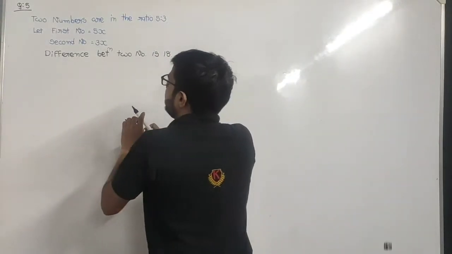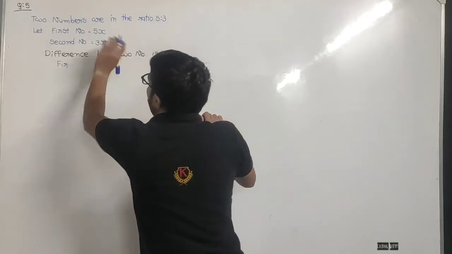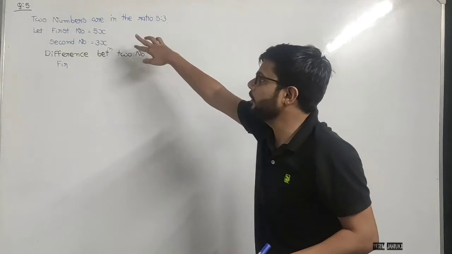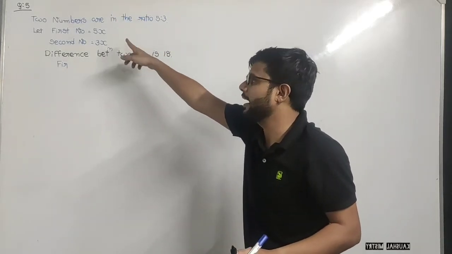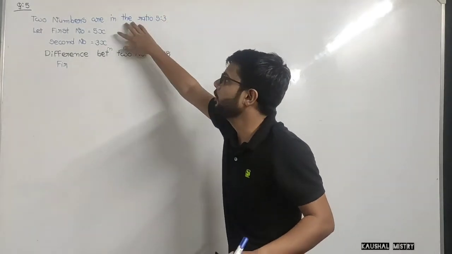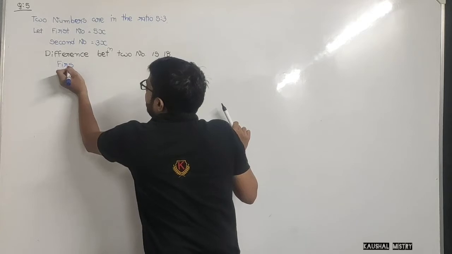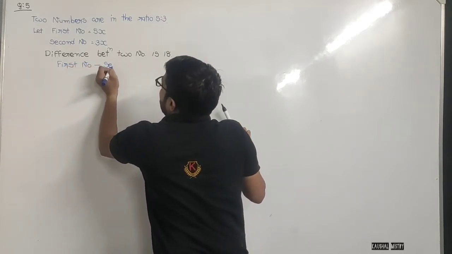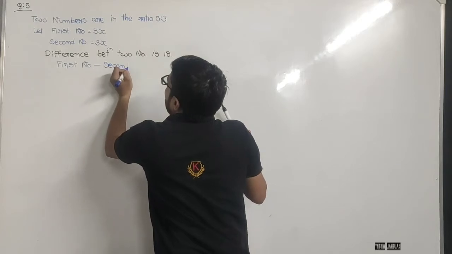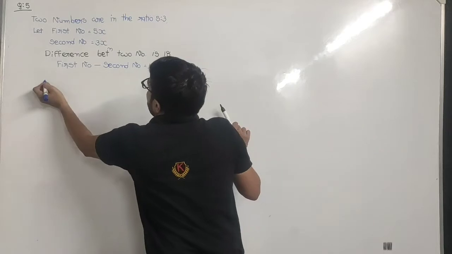That means, because we know that 5x is always greater than 3x, first number minus second number is equal to 18.